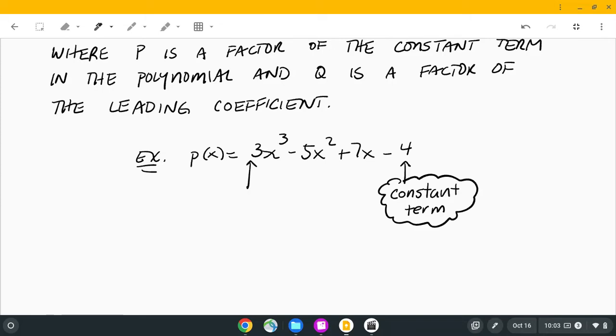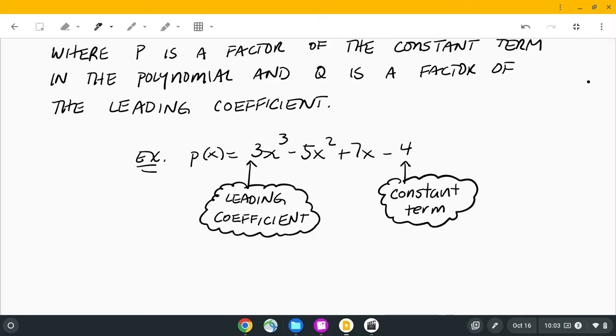So the leading coefficient here is 3. These two numbers play an important role in listing your possible rational zeros.